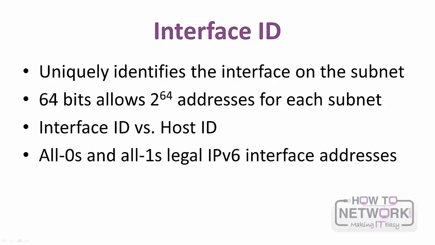Another important difference between IPv6 and IPv4 addresses is that the all-zeros and all-ones addresses are legal IPv6 interface addresses. In IPv4, all zeros in the host portion of the address are reserved for the network or subnet address, while all ones indicate a broadcast address.